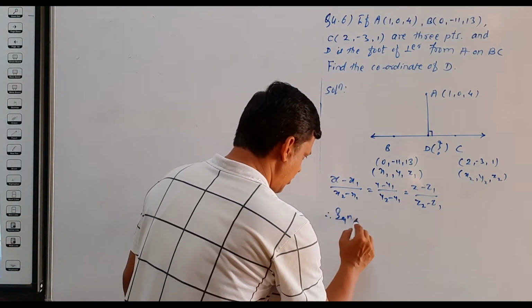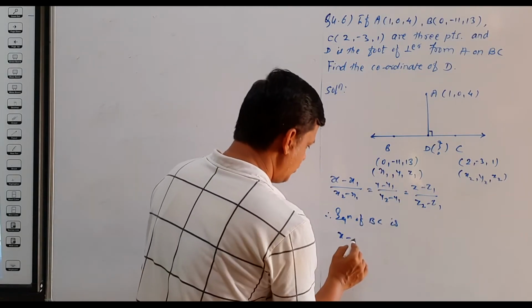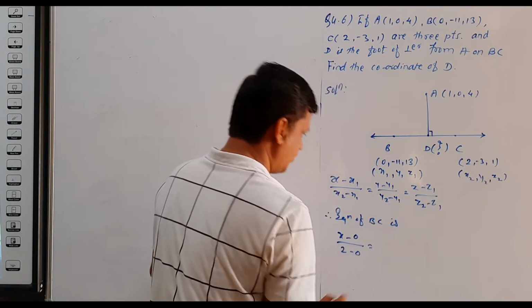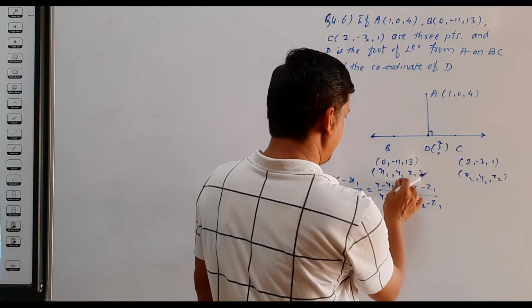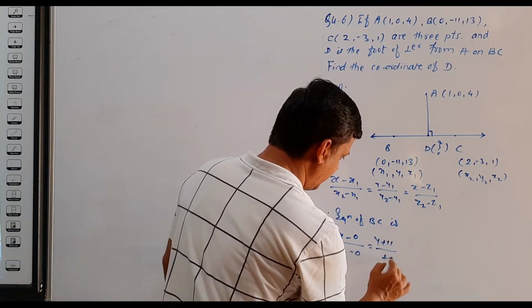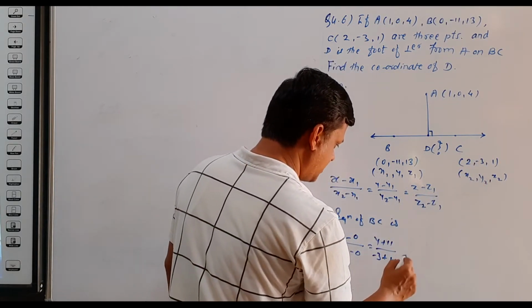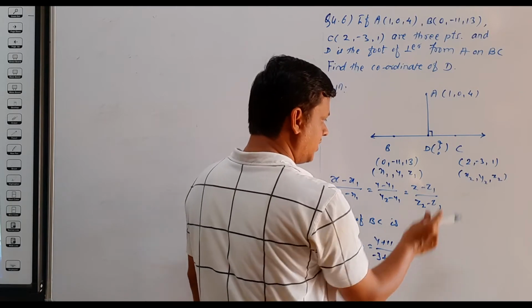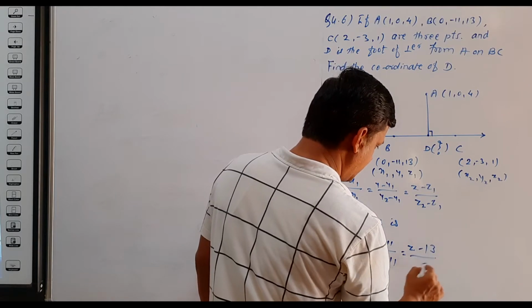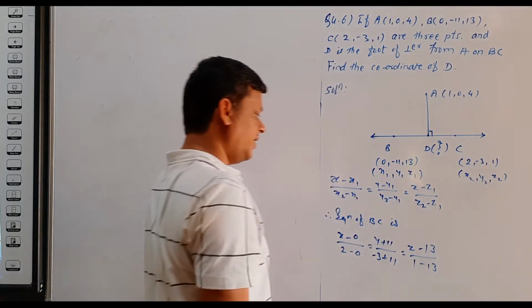Therefore, equation of BC is x minus x1, x1 is 0, so x minus 0 upon x2 minus x1, x2 is 2, so 2 minus 0, is equal to y minus y1, y1 is minus 11, so minus minus gets plus 11 upon y2 minus y1, y2 is minus 3, so minus 3 plus 11, is equal to z minus z1, z1 is 13, so z minus 13 upon z2 minus z1, z2 is 1, so 1 minus 13.